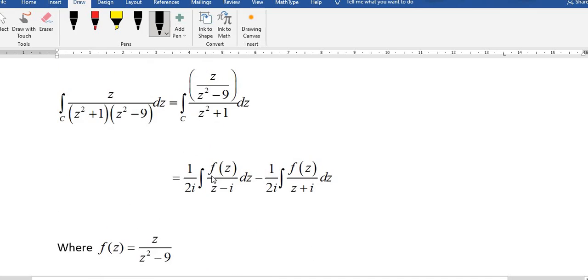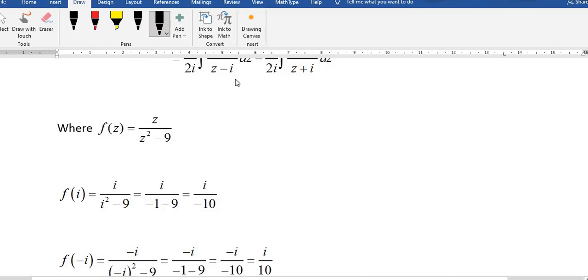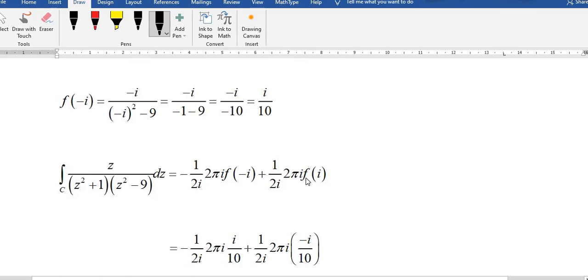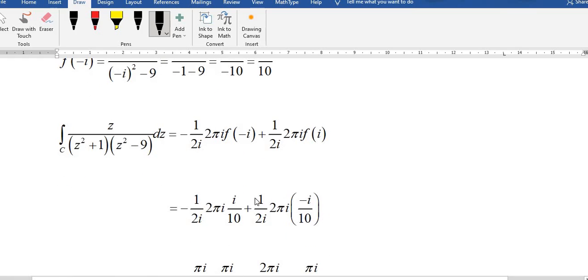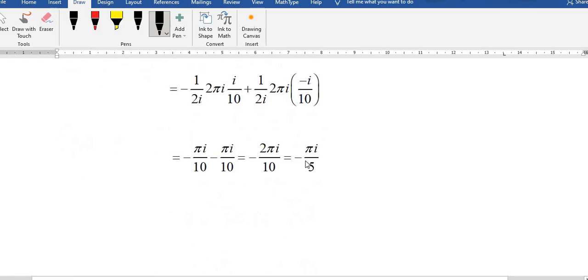Plus 1 by 2i, here a is i, that's why 2 pi i into f of i. f of minus i is i by 10, f of i is minus i by 10. So after cancellation and simplification, we get the final value as minus i by 5.